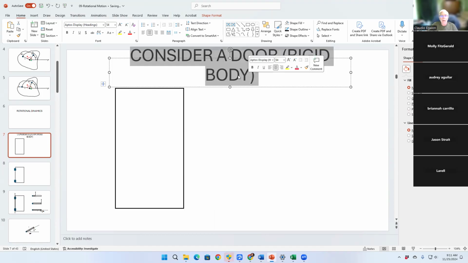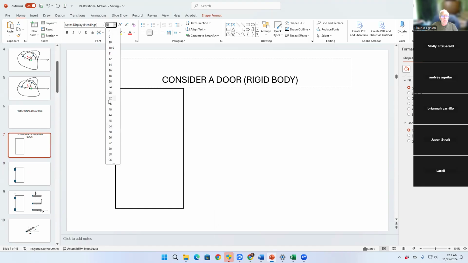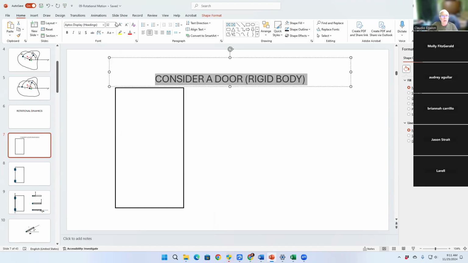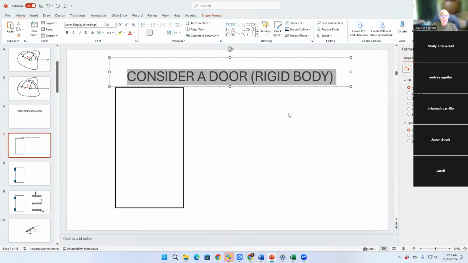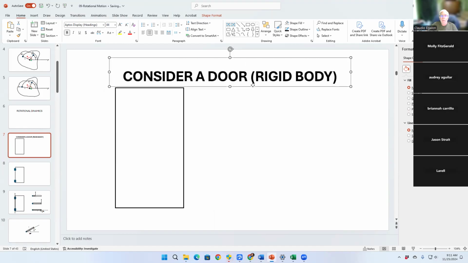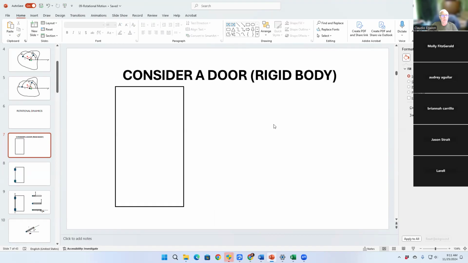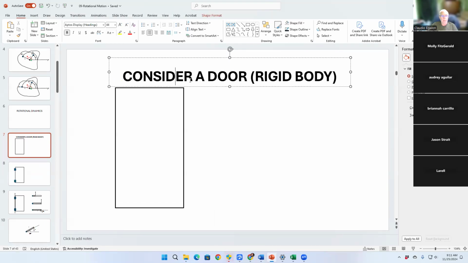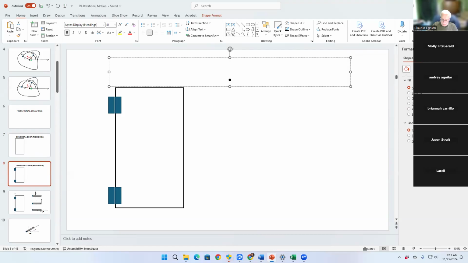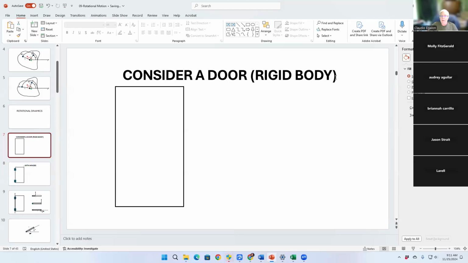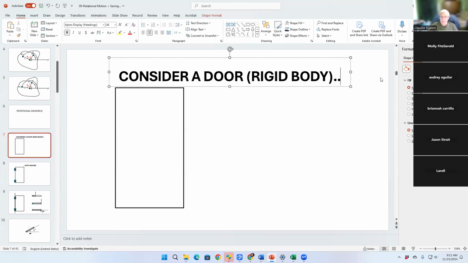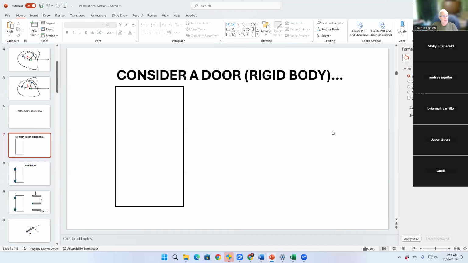The door, a rigid body, a door with hinges.